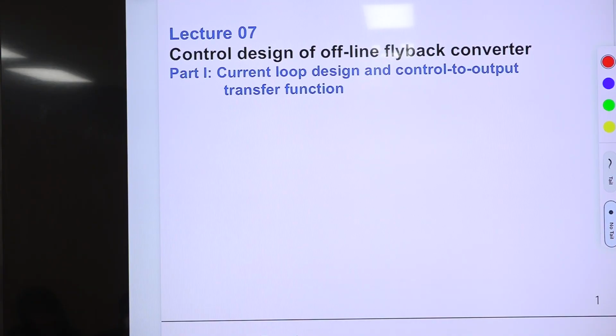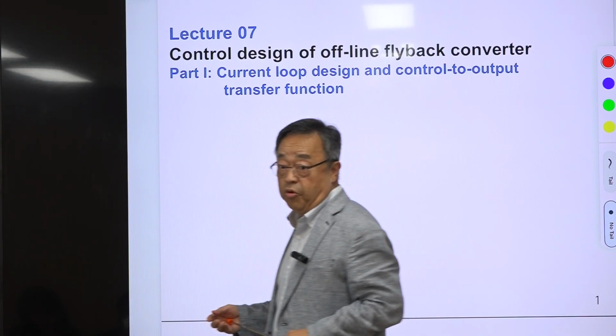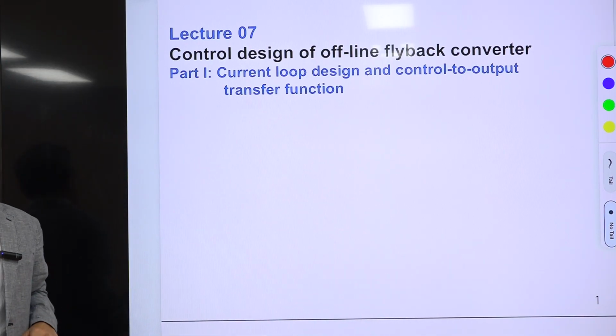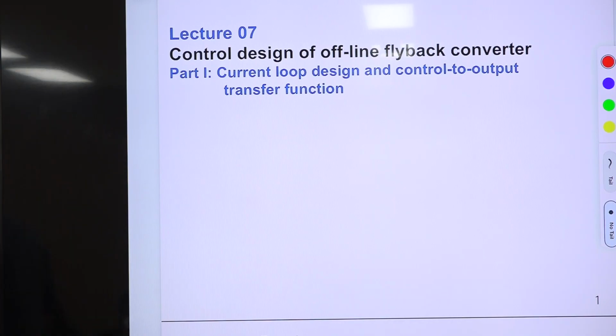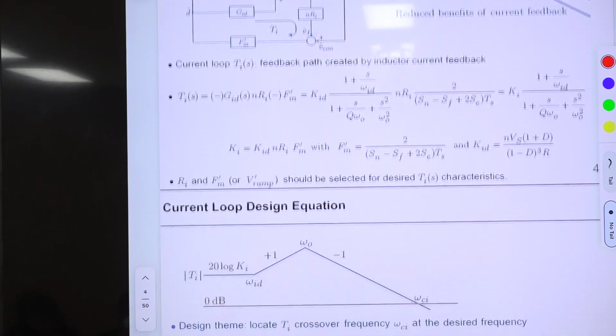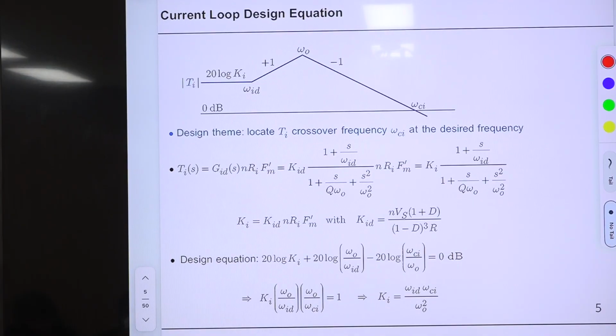Okay, and the next lecture will cover the voltage loop control design and the evaluation of closed loop performance of this converter. We went through this already, 3 pages. Okay, so this is the new slide.